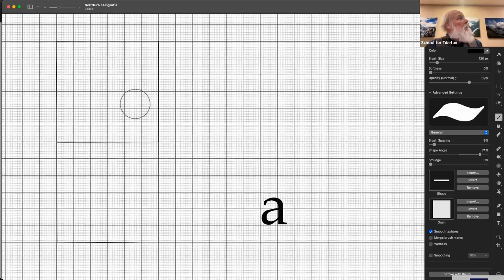But the main place where the letter is unfolding itself is here, this upper square. The upper square is made up of 1, 2, 3, 4, 5, and 6 widths of your pen.